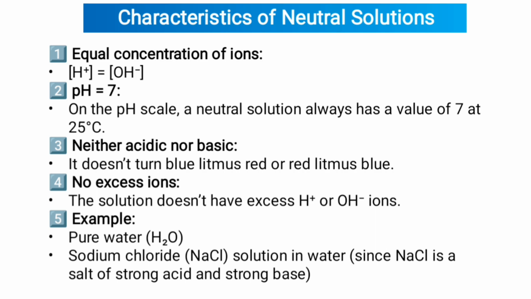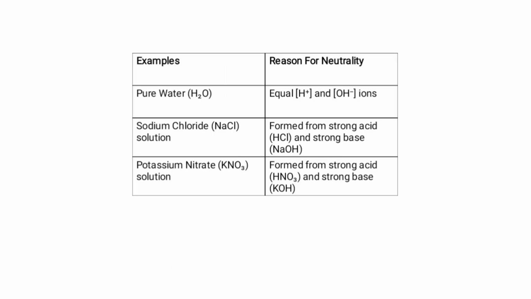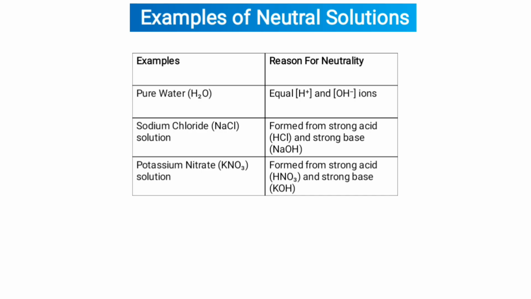Second one is sodium chloride, NaCl, solution in water, since NaCl is a salt of a strong acid and a strong base. Examples of neutral solution. Example, pure water, H2O. Reason for neutrality, because of equal concentrations of H+ and OH- ions.